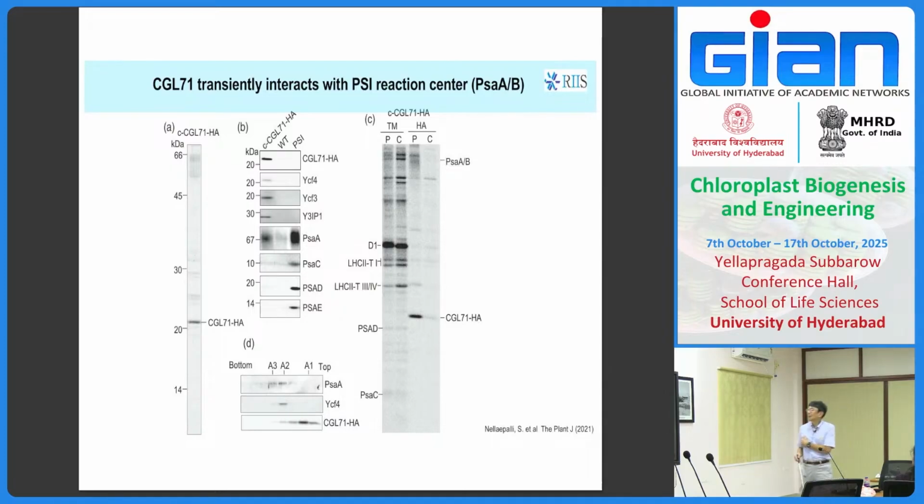So, as you know, D1 is turning over very rapidly under illumination. If you don't illuminate the cell during pulse labeling, D1 is labeled normally, like other proteins. So this is strong.